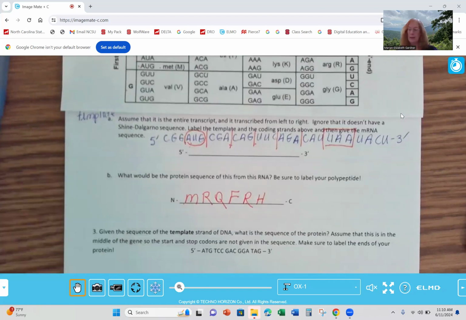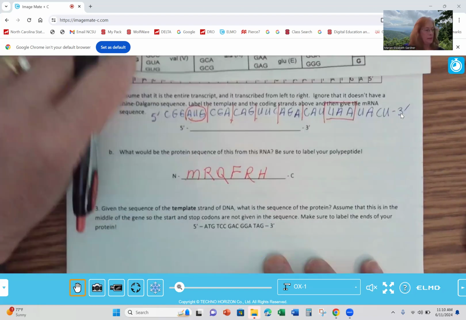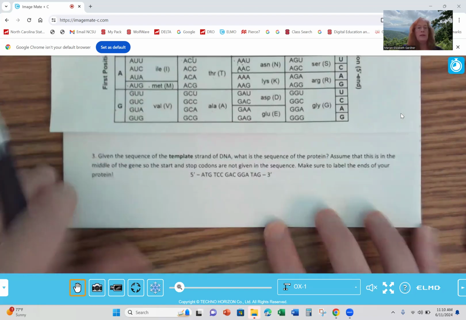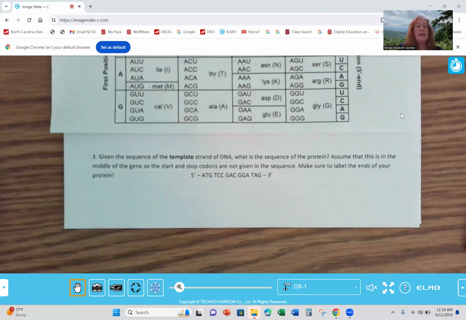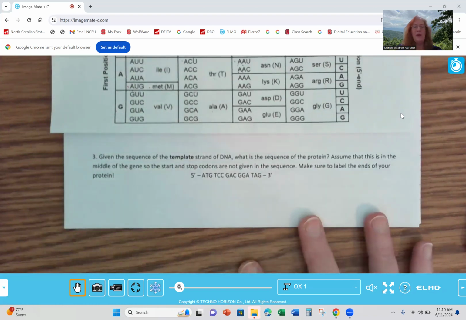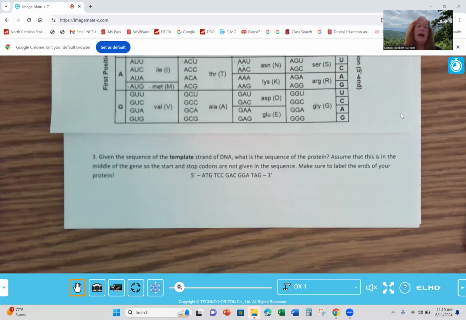All right, let's try another one. So this one says, given the sequence of the template strand of DNA, what's the sequence of the protein? Now this one's a little bit different. It says, assume this is in the middle of the gene, so you won't necessarily see start and stop codons, and make sure you label the ends of your protein.